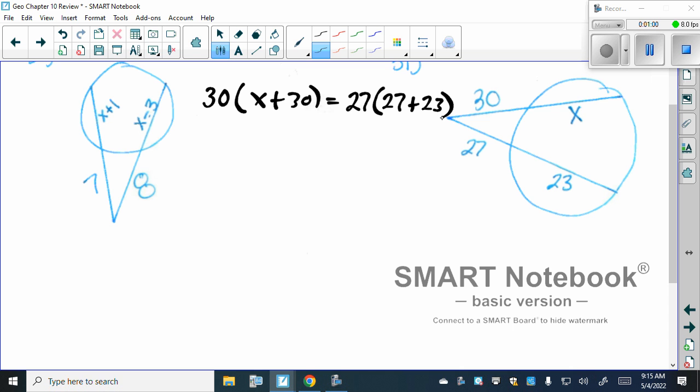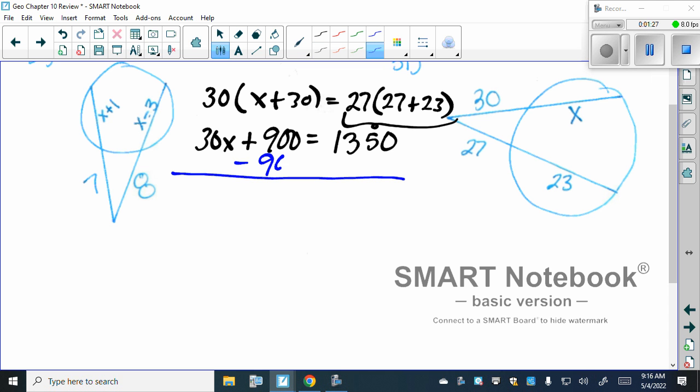Because, as I said yesterday, we can multiply, so we can do the one on the left. 30 times x is 30x. 30 times 30 is 900. The right side is all numbers, yes? So we can do it individually, or we can just type it into the calculator exactly as it's written and just get 1350.